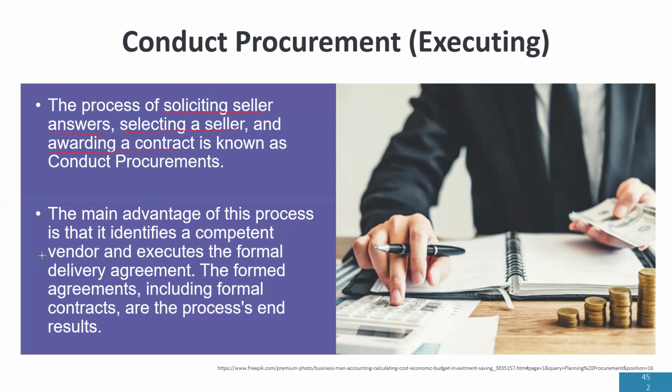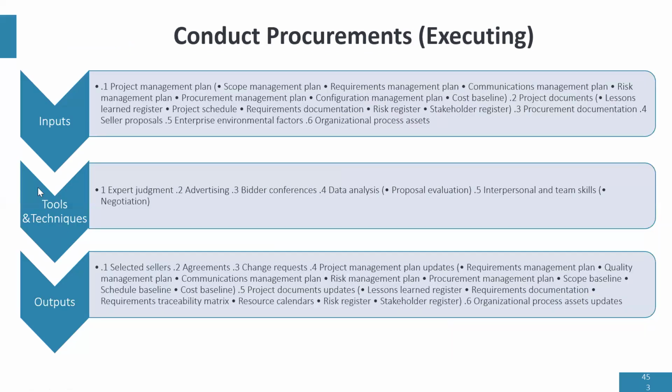So this is where we engage with vendors. And how do you know? Look at the outputs: selected sellers and contract agreement drafted. So there's going to be a lot of engagement between vendors, but let's look at the inputs.